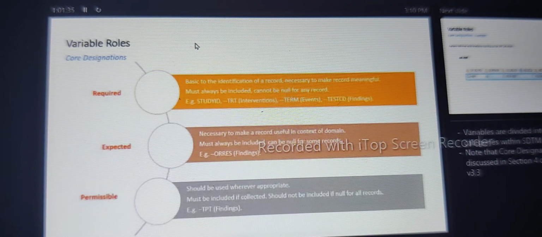Again, you might all be aware: required, expected and permissible. So in real time, if a required variable is missing, what can you do? If a topic variable is missing in the particular domain, how can you handle it?